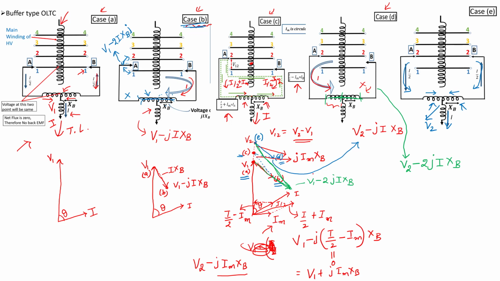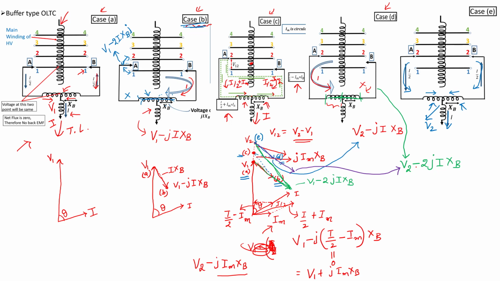So again, in this case, if you use different colors, which color should I use? This color, let us use. So here, this phasor, again we have to extend this phasor by double. So exactly same. This tip is equals to V2 minus 2 times JIXB.